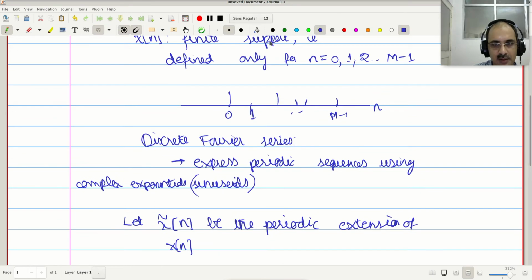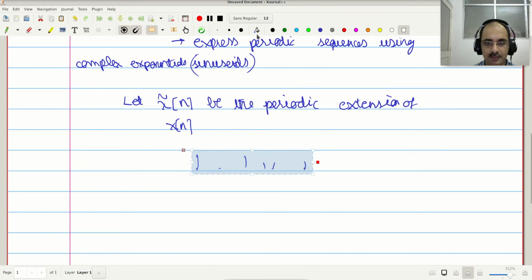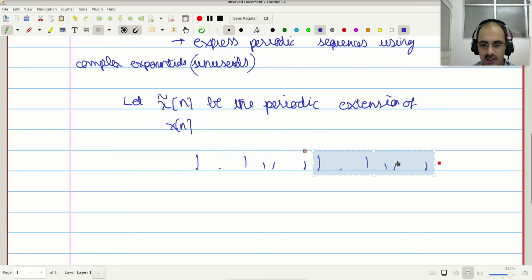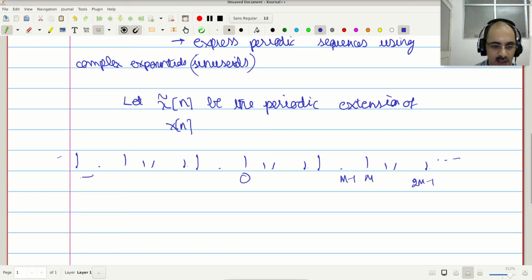You take this x[n] and you just keep repeating it on the sides, so that if this is 0 and this is M minus 1, then at M it starts again and goes to 2M minus 1, and similarly over here, and so on.